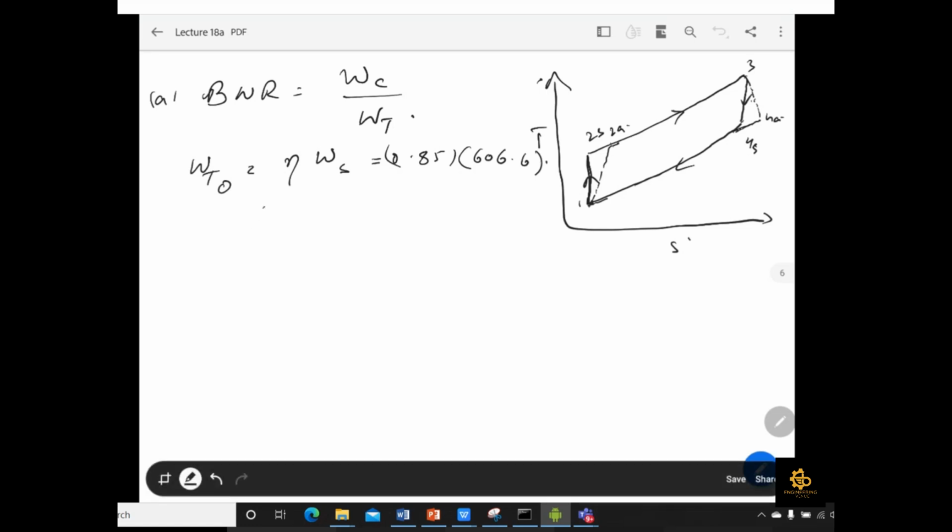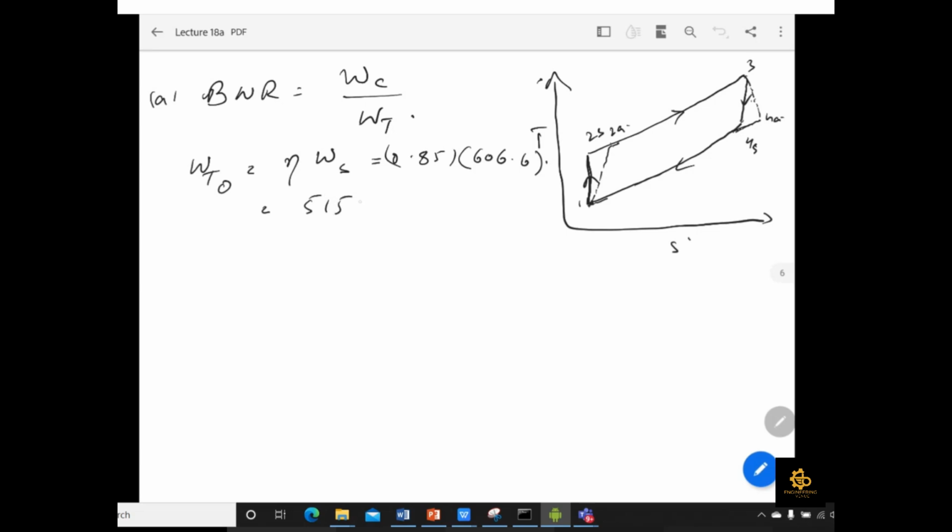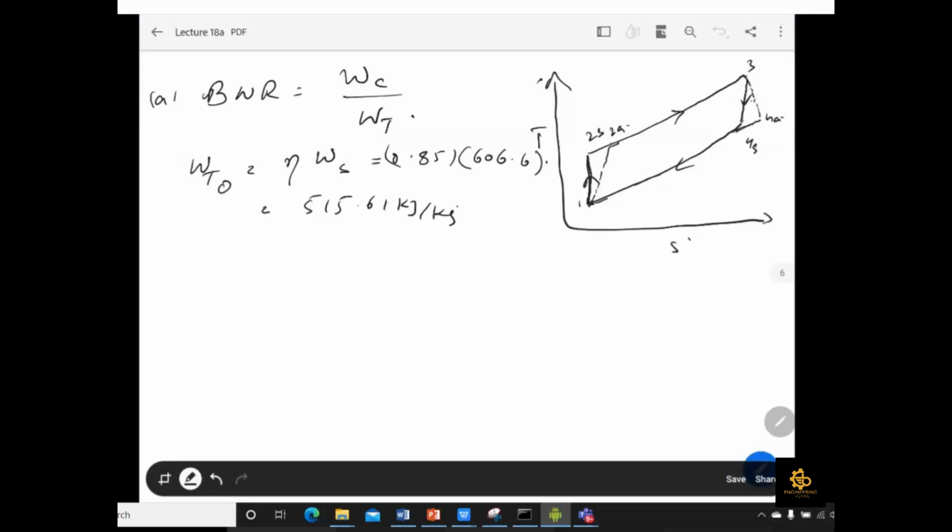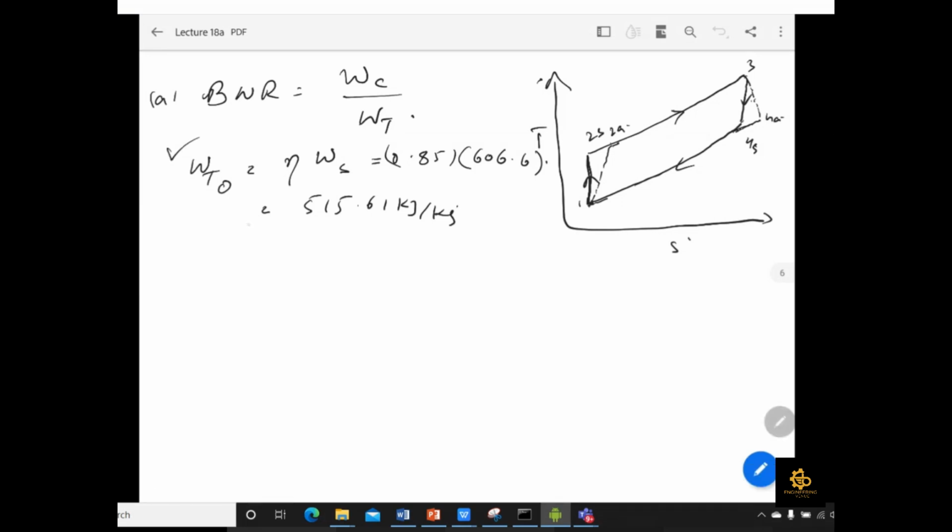If I solve it, it turns out to be 515.61. So now the actual turbine work is known to us.